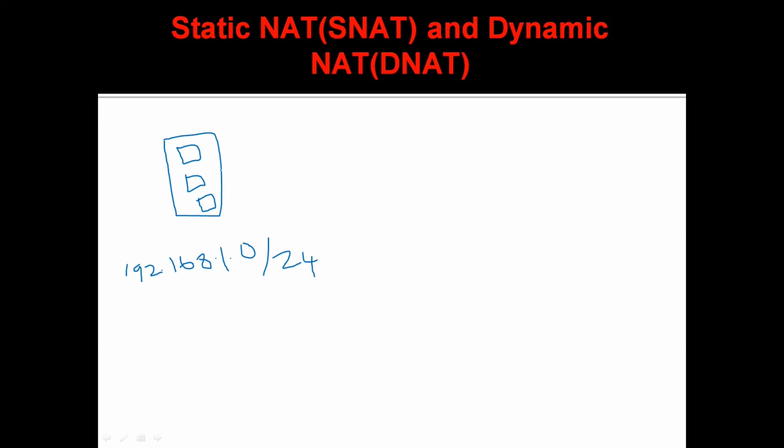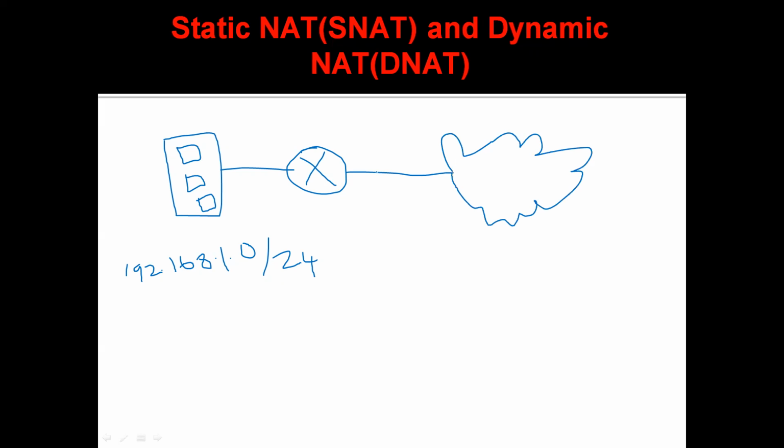After the router, NAT router, firewall, NAT box, comes the internet. We have one public IP address, 192.208.111.47, like this.